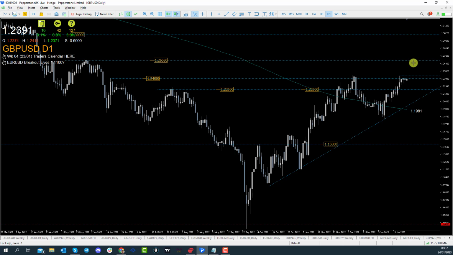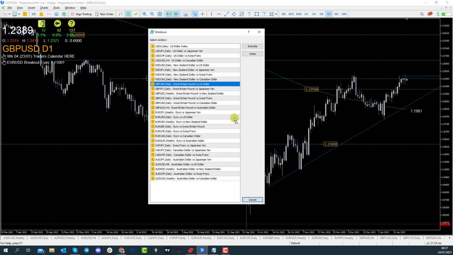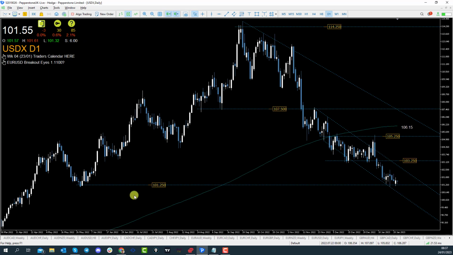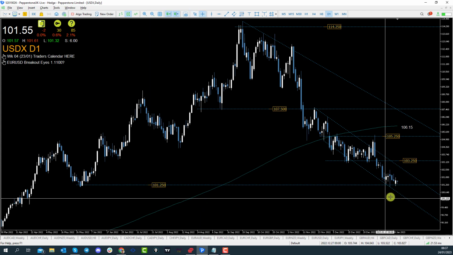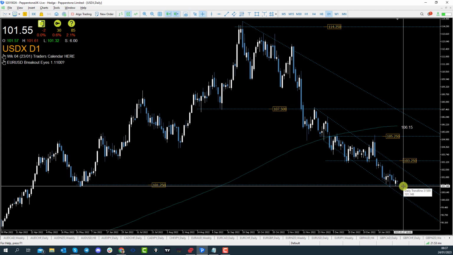So today, if you are looking to trade your dollar pairs, I think this is one to sit on your hands and wait a little bit, because we need to identify a pullback in the market. One thing you can do to identify that is go to your US dollar index and have a look at the levels of support and resistance here. We're back at the 101.25, so we want to wait to see how price reacts at this point.